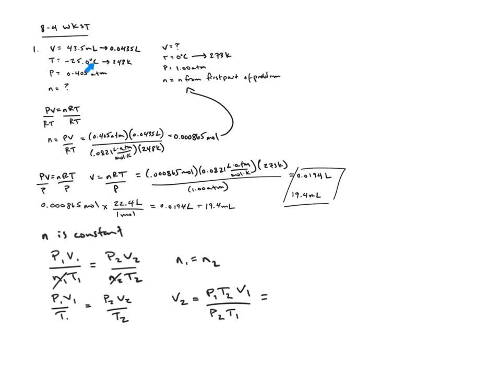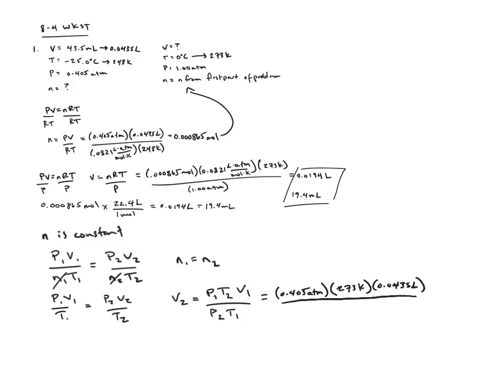If I plug all that in from the problem up there and use the numbers over here as 1 and these as 2, it will prove to you that this works as well. So this would be P1 right here, T1, V1. That would be 0.405 atmospheres. T2 would be 273 Kelvin. V1 is 0.0435 liters.